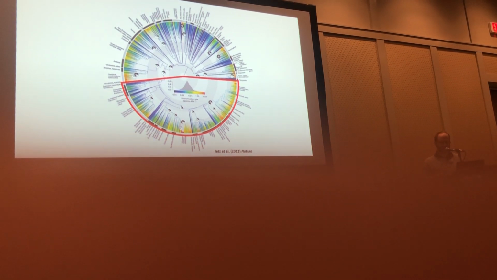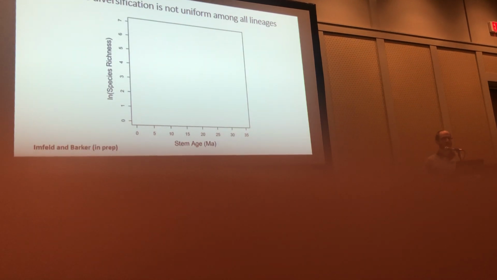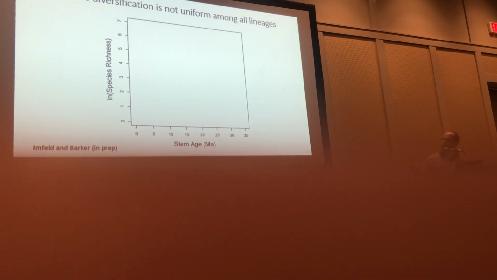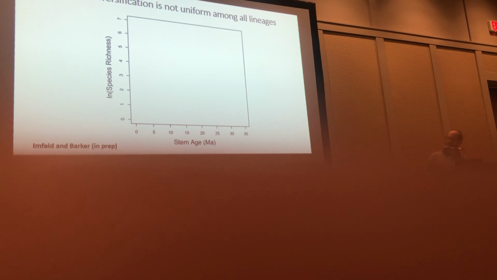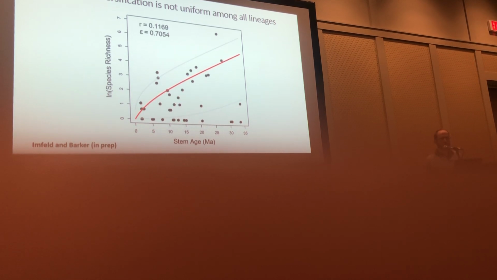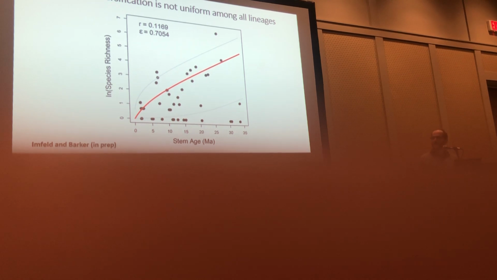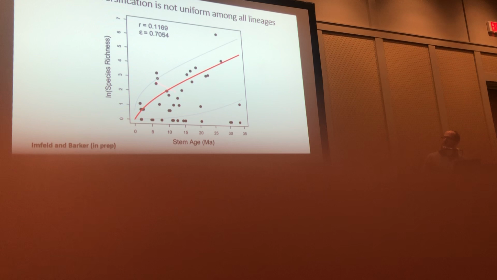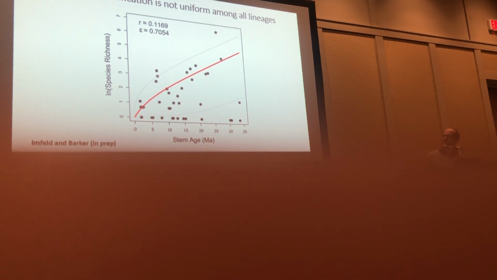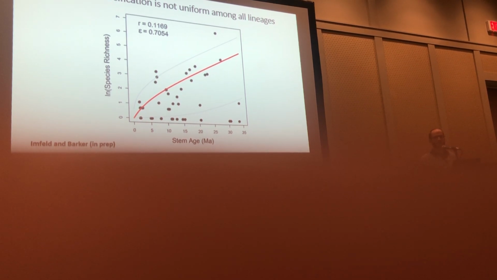And we know the number of species that they have, and so we're able to generate that plot, right? So, if we look at the stem age here and the species richness, and then apply an optimized maximum likelihood birth-death model to these lineage-specific data, we get a relationship like this, where the red line is that relationship, the gray lines are the confidence interval around it, and each of these black points is one of our Aussian lineages.